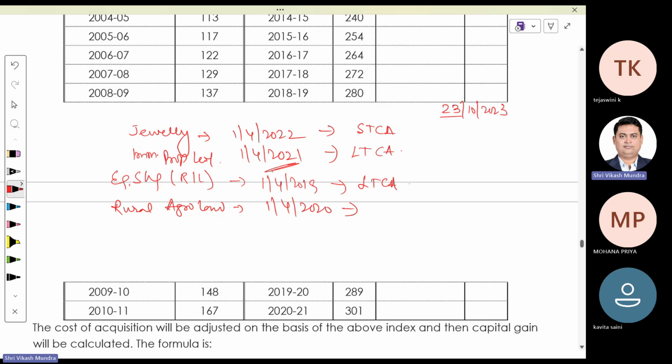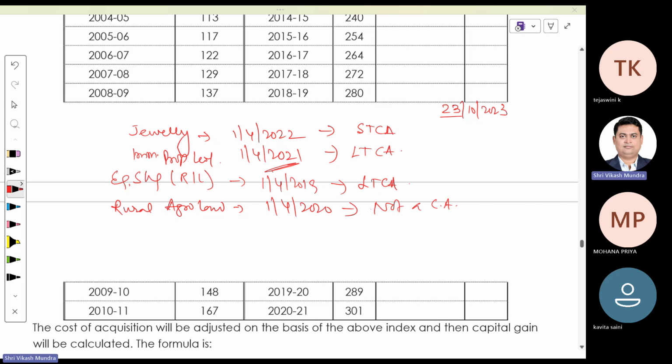For determining short term or long term, first of all, that asset should be a capital asset. This is not a capital asset. Hence, the question of short term or long term does not arise. Agree or disagree? Don't jump into the conclusion so quickly.